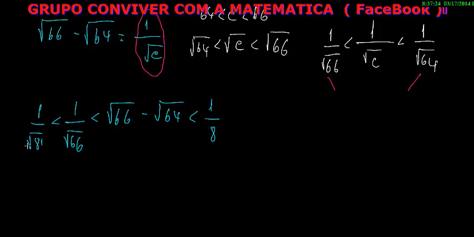Okay, so from now on I'm going to apply transitivity, a property of the inequality, and easily I can find that the square root of 66 minus square root of 64 is lesser than 1 over 8, and it is greater than 1 over square root of 81, which is the same as 1 over 9.